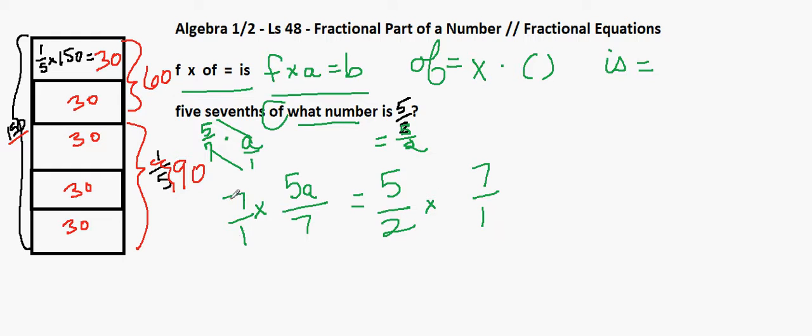Nothing to cancel here except right here. So 5a is the same as 35 over 2. And if that's true, then a, you can see an issue here, huh? Well, we could multiply both sides by 2 to get rid of that.